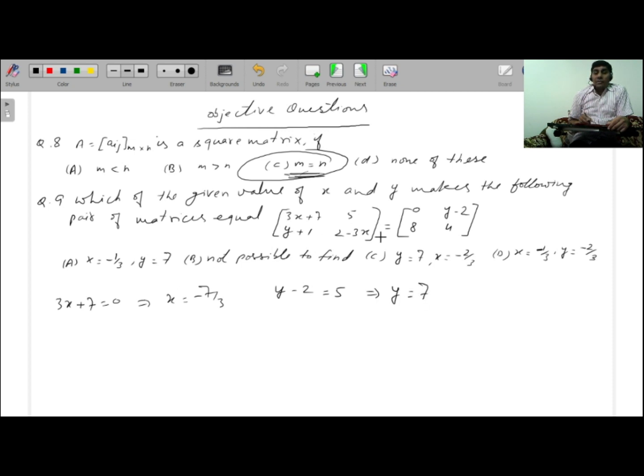Now y plus 1 is equal to 8. This implies y is equal to 7. 2 minus 3x is equal to 4. This implies 3x is equal to minus 2. x is equal to minus 2 by 3.